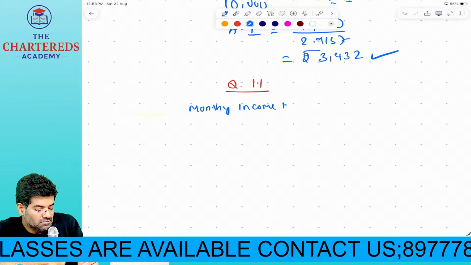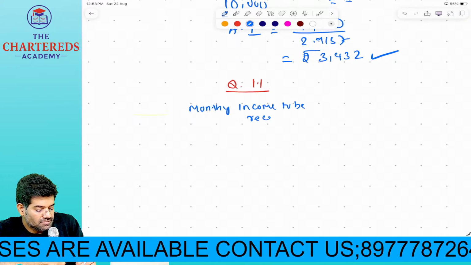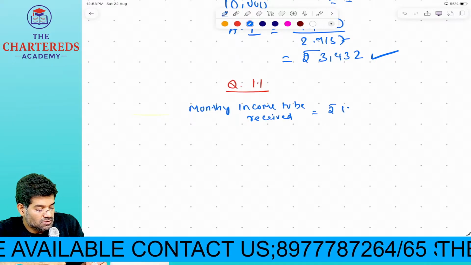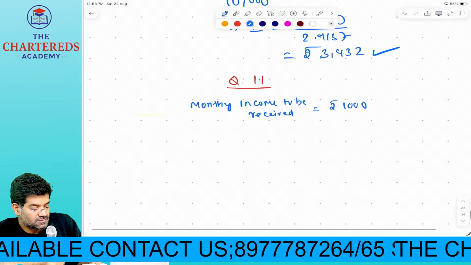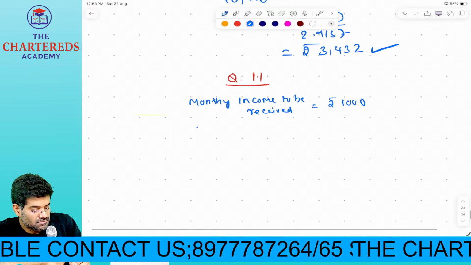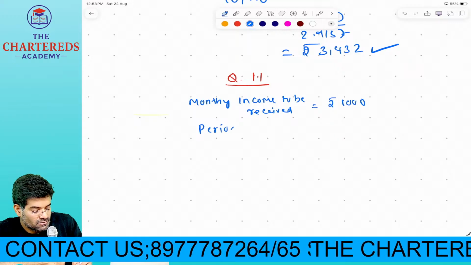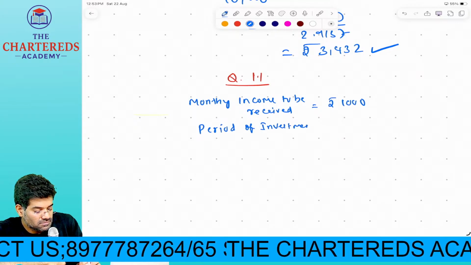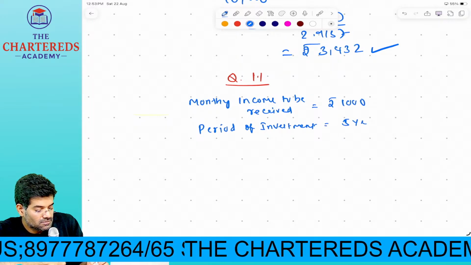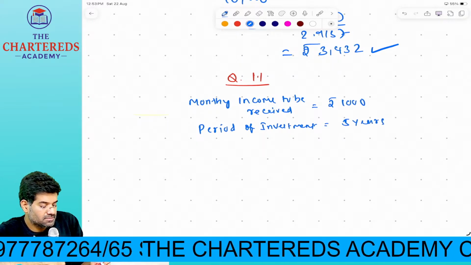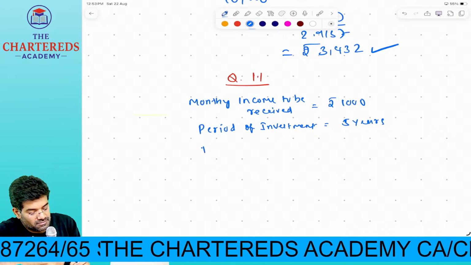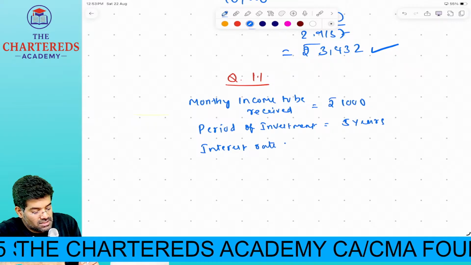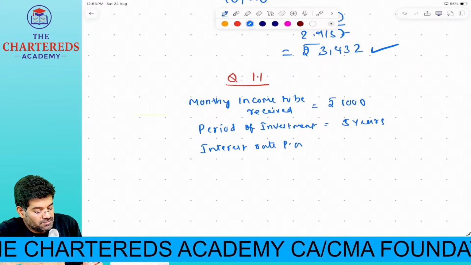Monthly income to be received is equal to 1,000 rupees. Period of investment, 5 years. Interest rate per annum.